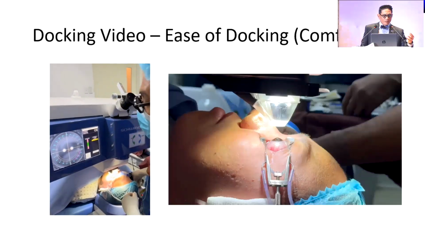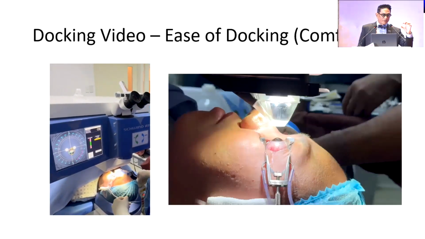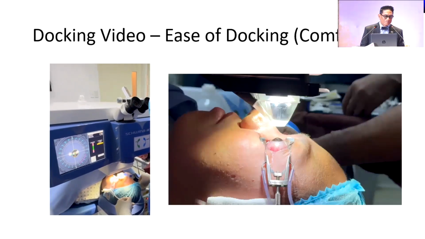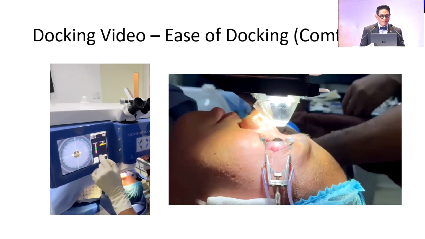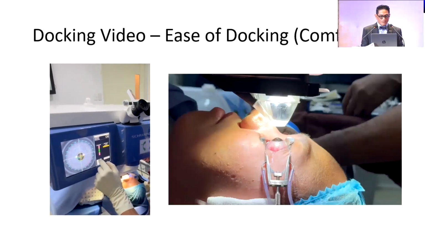As you can see, once the machine detects the pupil, it turns red, and all you have to do is align it. Once it's green, and once the vacuum is green, then you press vacuum and then the laser.